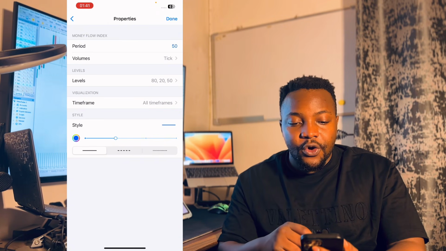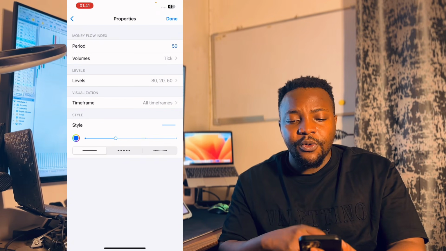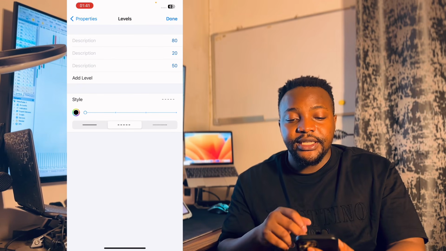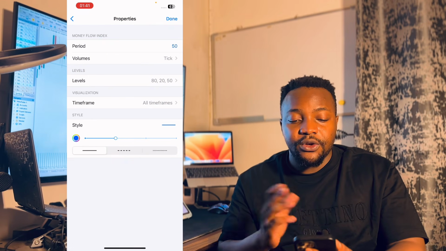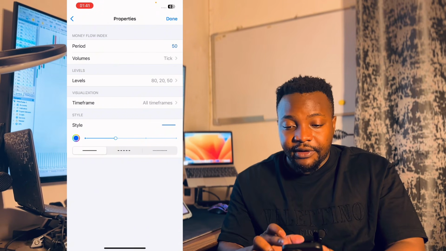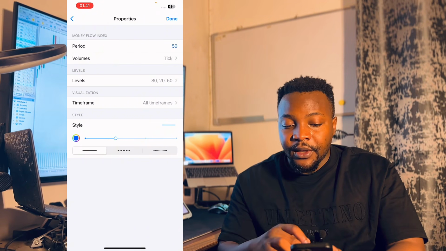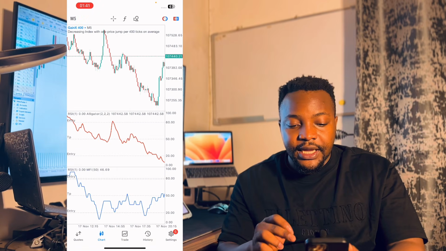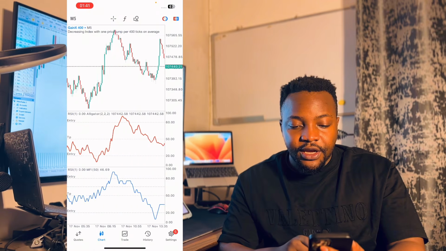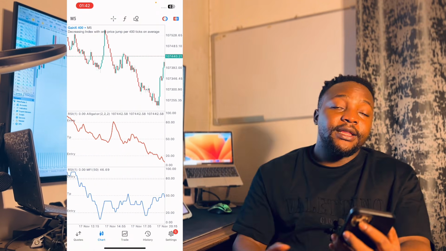And on the style, we have that blue color. So we've got level 80, level 20, and level 50. They don't have any description, as you're not going to use them mainly, but these will be the final properties, and we'll click on done. Now, as you can see, we now have the indicator running across our charts like that.